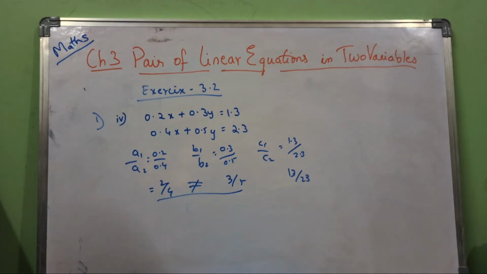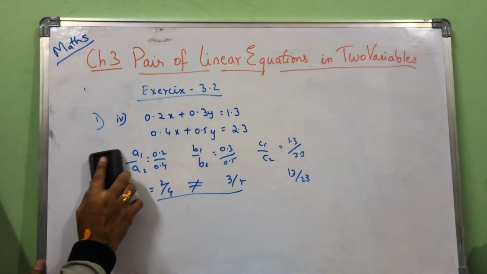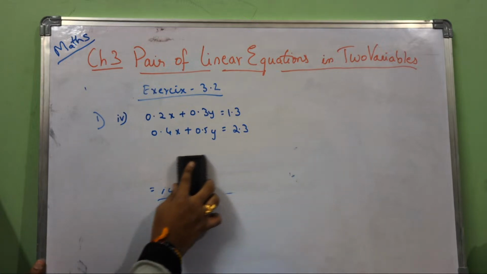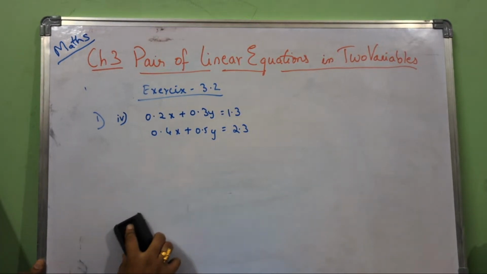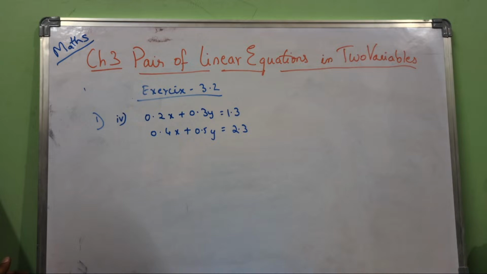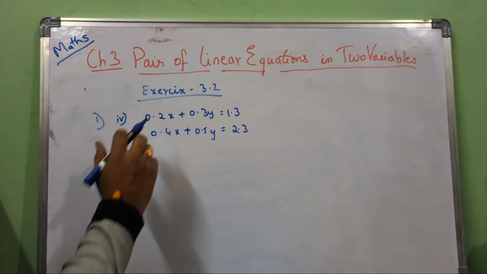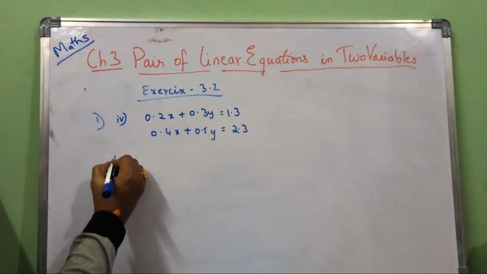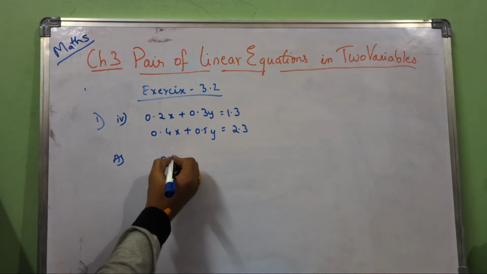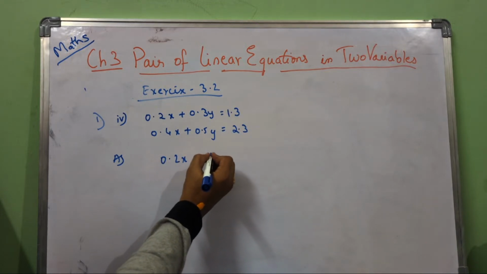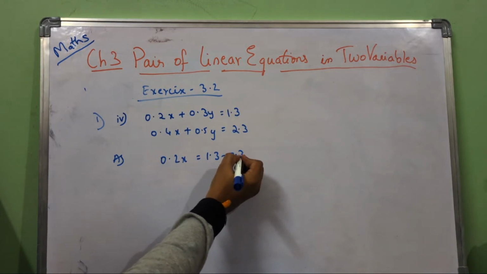So now we can go with our solution using the substitution method. Compared to the second, the first equation has smaller numbers, so I'll go with the first one this time. 0.2x equal to 1.3 minus 0.3y.